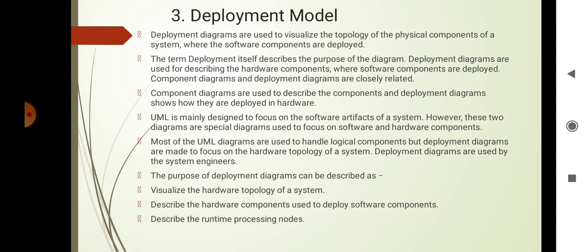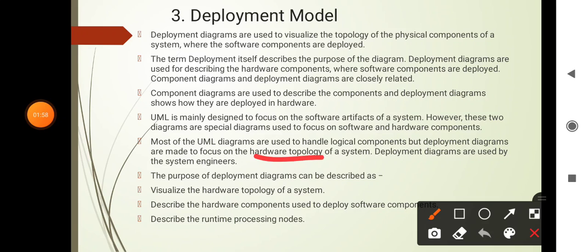The UML is mainly designed to focus on the software artifacts of the system. However, there are two special diagrams which are used to focus on the software and hardware components. Most of the UML diagrams are used to handle logical components, but deployment diagrams are made to focus on the hardware topology of the system.